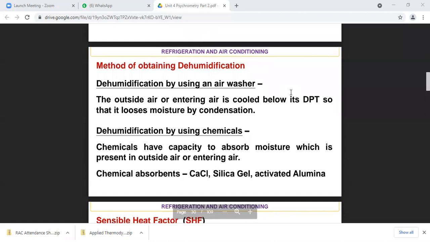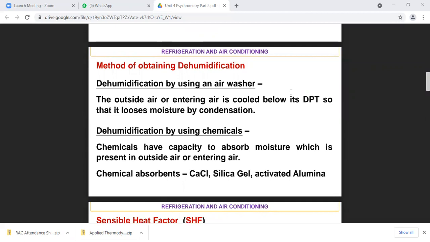Here, the outside or entering air is cooled below the dew point temperature so that it loses moisture by condensation.